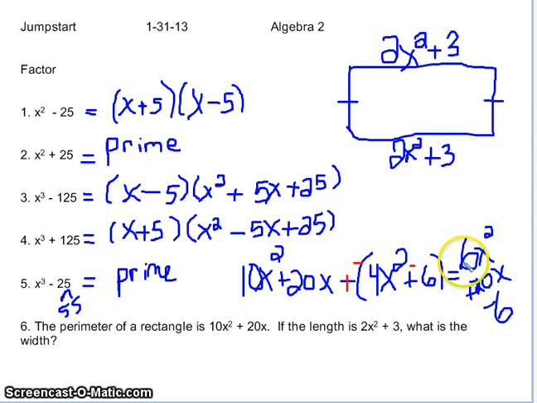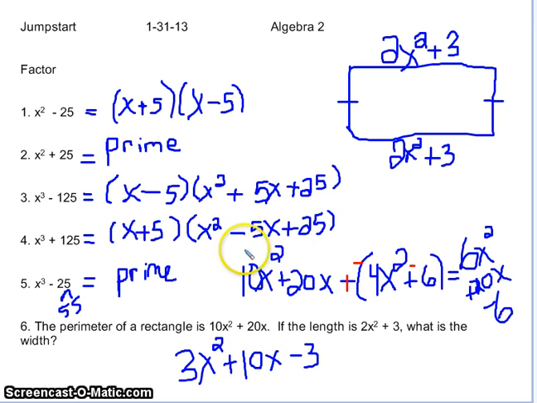It's not area. This is the measurements that we need left, but it has to be split between 2. So actually the width is going to be half of this. So if we divide this polynomial by 2, then we're going to be left with 3x squared plus 10x minus 3.